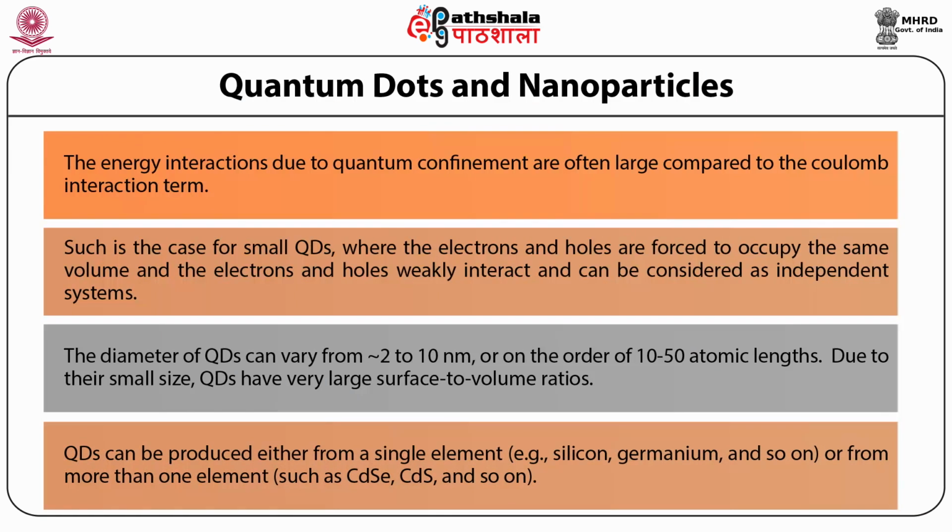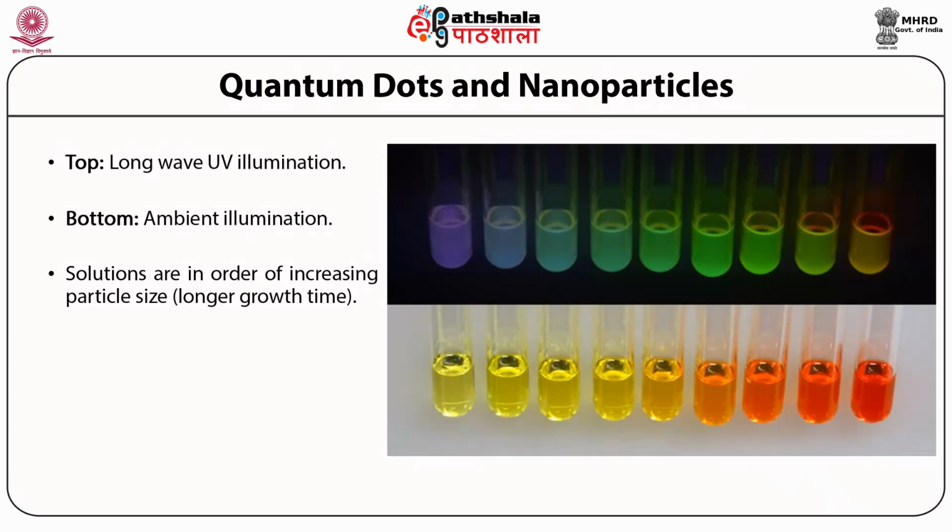Quantum dots can be produced either from a single element or more than one element. The materials with dimensions in the nanometer scales are called nanoparticles, and they are frequently investigated by researchers to study the novel properties at this scale.